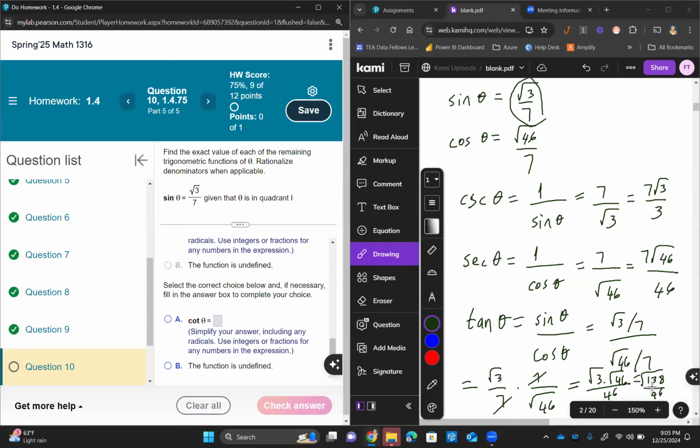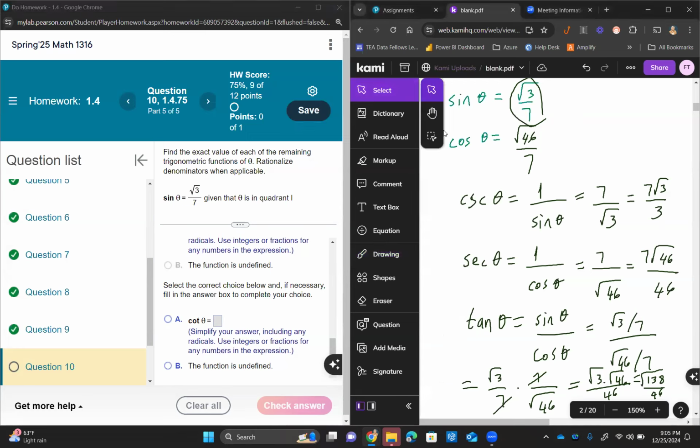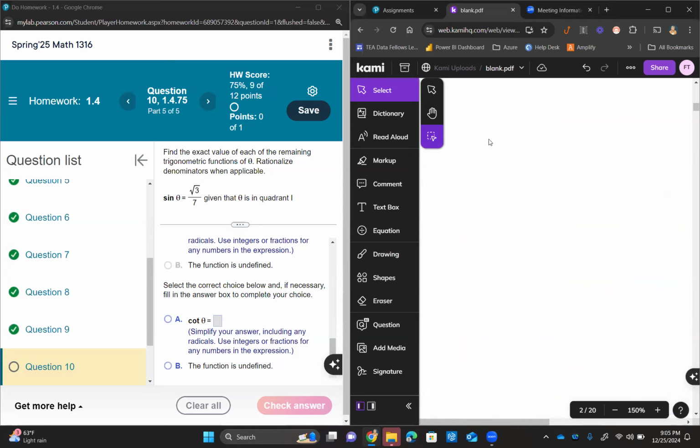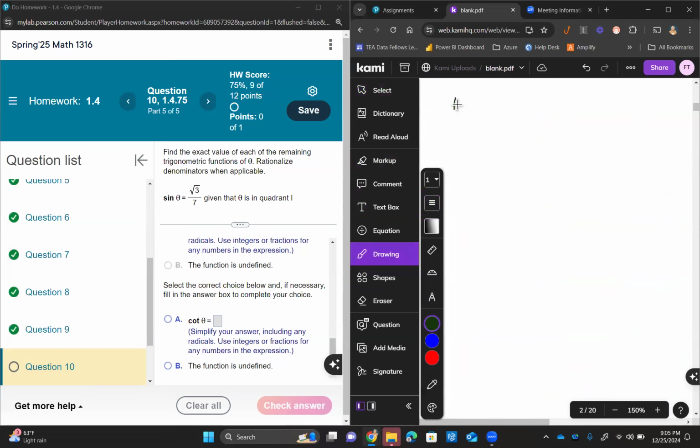So the cotangent is just a reciprocal of tangent. So I think I can open room here. If the tangent value here is root 3 over root 46, cotangent will be just a reciprocal of this, which is radical 46 over radical 3.